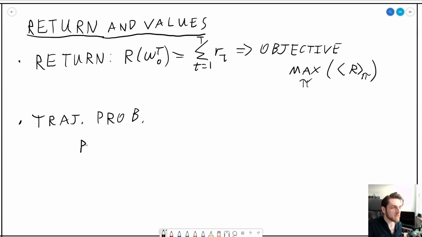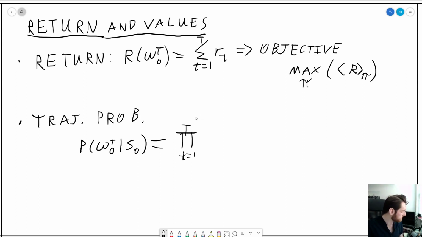So this will just be the probability of omega 0 to T given, for example, S0, so the first state is fixed. Then this is just the product from t equals 1 to the final time of each state transition.